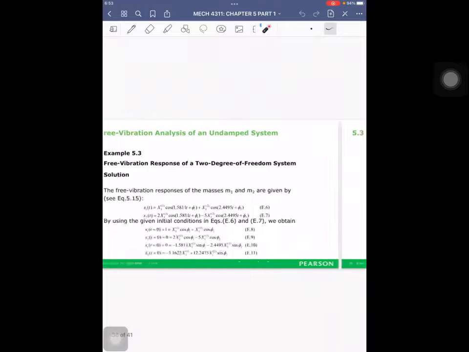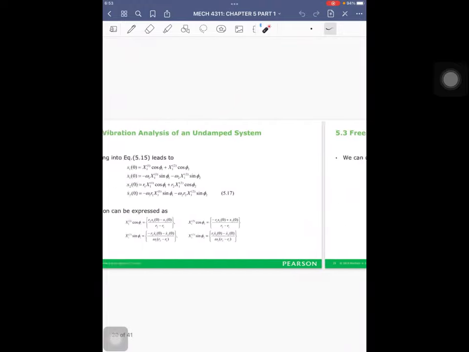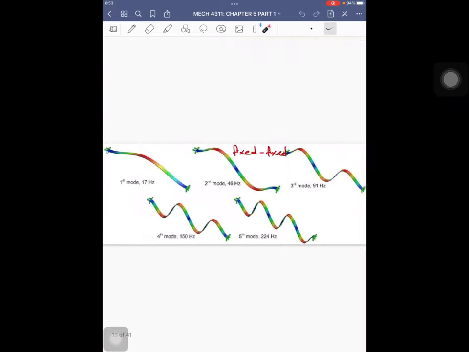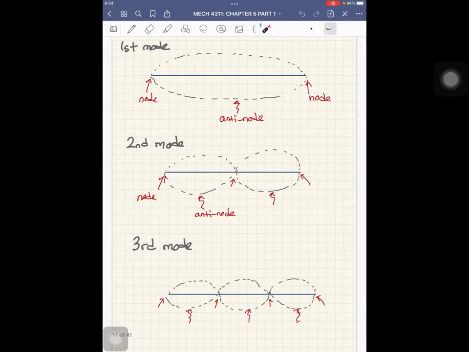I think we have the diagram over here. Let's see. Okay, over here. So for the second mode, we should have 3 nodes and 2 antinodes. So sort of like you need to have 2 peaks, right? 2 peaks.